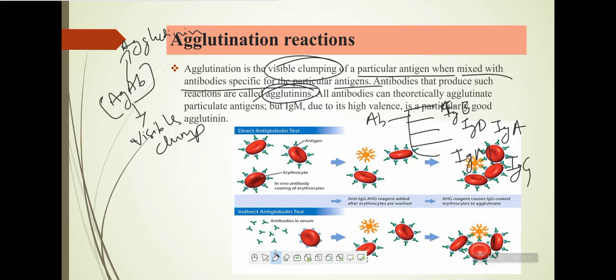Among these isotypes, IgM has 10 valency, the highest valency of all isotypes. So IgM having the highest number of valency means it is a good agglutinin.